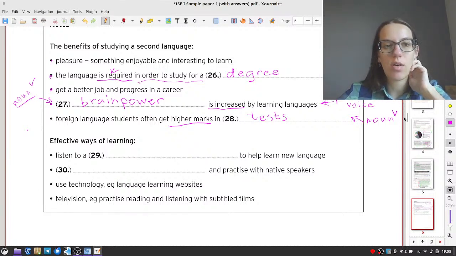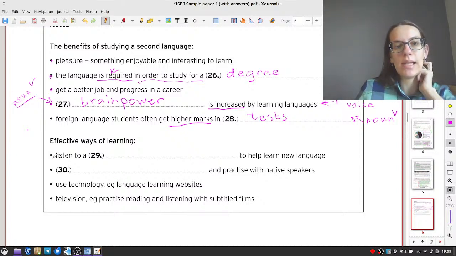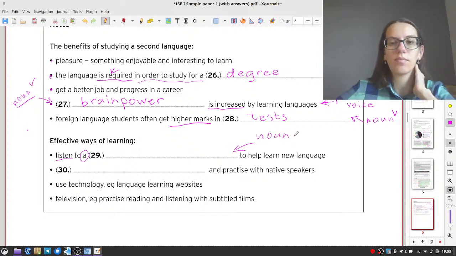Effective ways of learning. Listen to something to help learn new language. So what do we need to listen to? Where did we talk about listening? And to something, it means that, again, it's going to be a noun or a noun phrase.